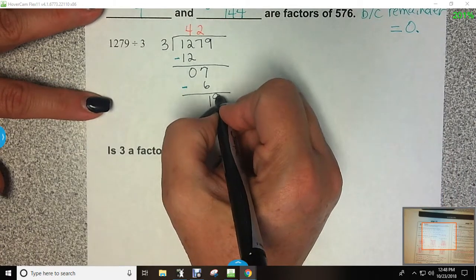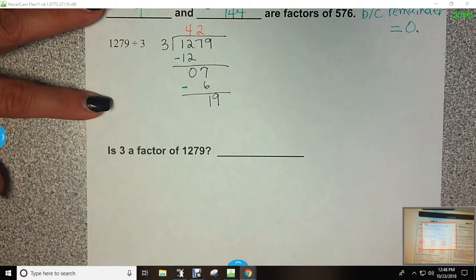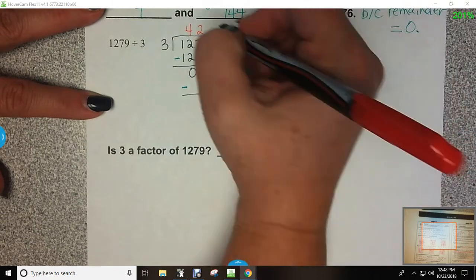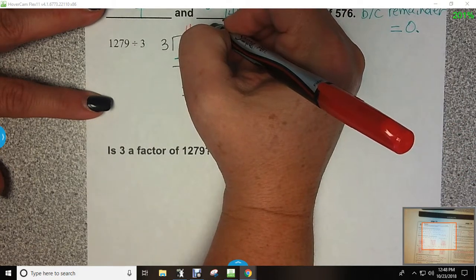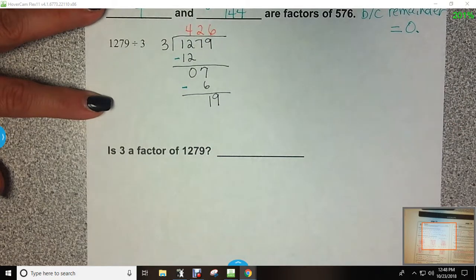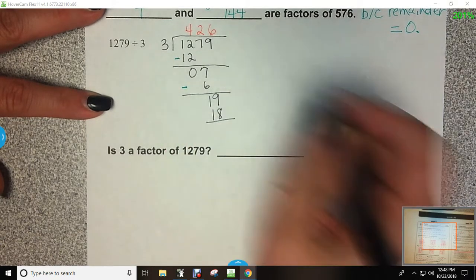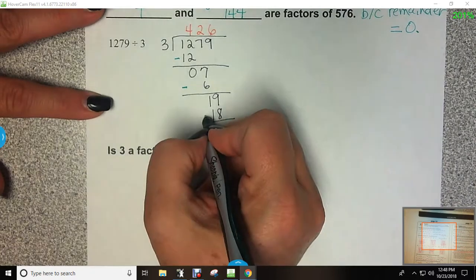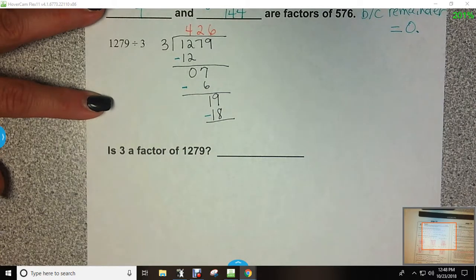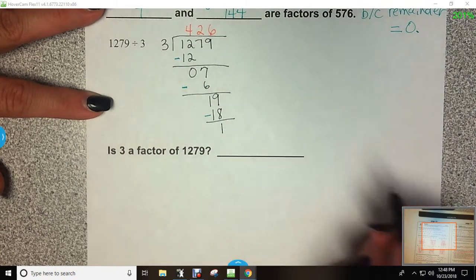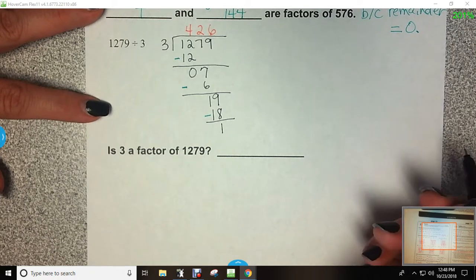Bring down the 9 and start the process all over again. 19 divided by 3 is 6. Multiply. 6 times 3 is 18. Change the sign so I can subtract. I get 1. There's nothing left to bring down.